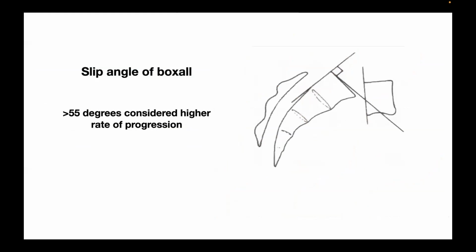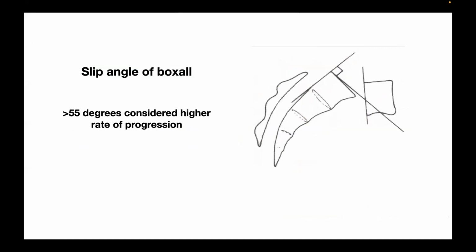Coming to the radiological parameters, this is the slip angle of Boxall. It is measured from a line drawn from the posterior part of the sacrum and a perpendicular taken to it, and the second line is drawn along the inferior border of the L5 vertebra.